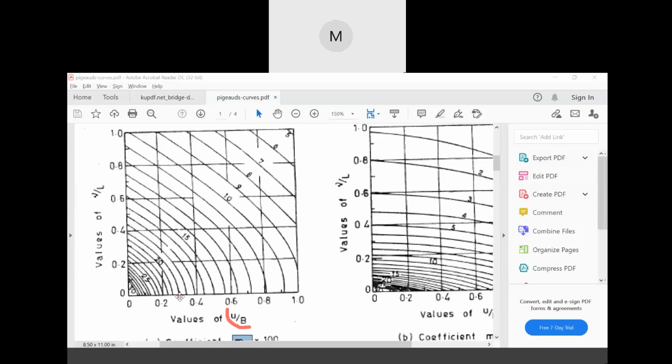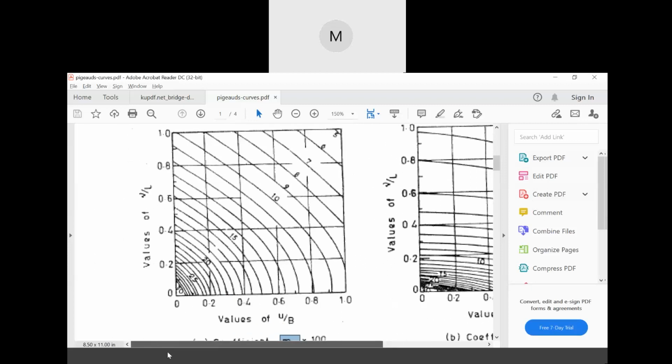Then, so here this u by b 0.2 and 0.4, right?